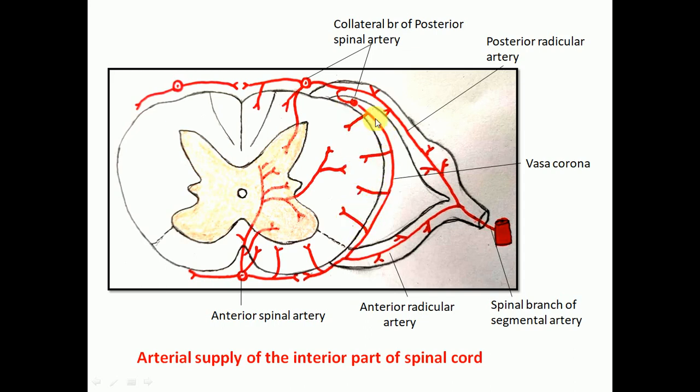So that portion is called the vasa corona or arteria coronae. So this vasa corona gives branches to the superficial aspect of the spinal cord. So ultimately these 5 segmental or radicular arteries, anterior spinal artery and posterior spinal arteries form the longitudinal arterial trunks, and that supply the spinal cord as a whole.